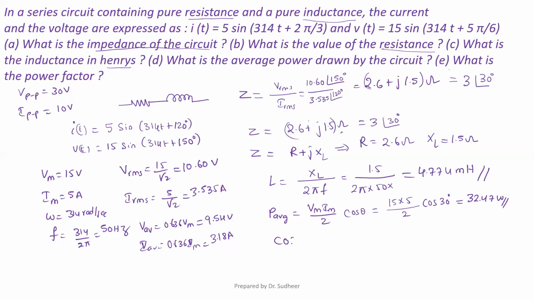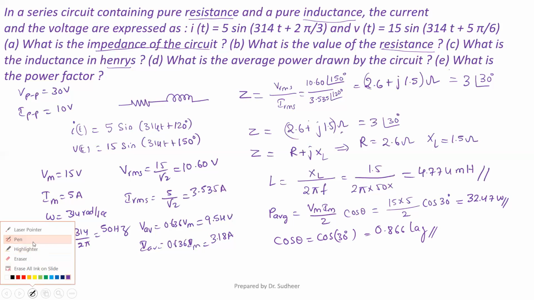Power factor is cos theta, cosine of the angle between V and I, that is cos 30 degrees, which is equal to 0.866 lag. So like this, we can complete our problem.